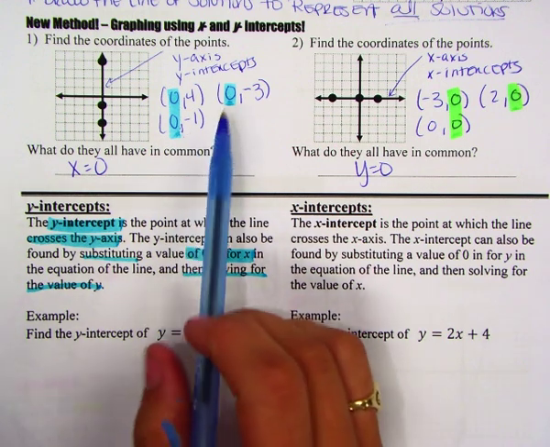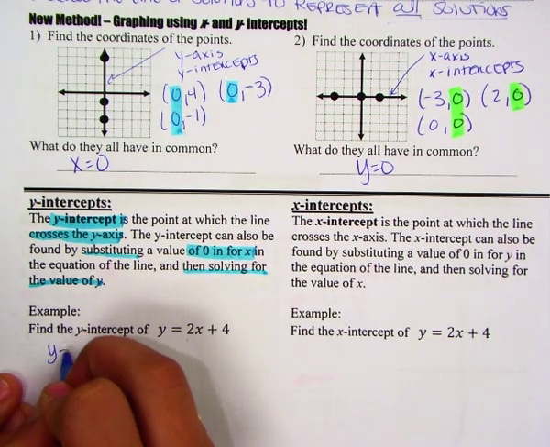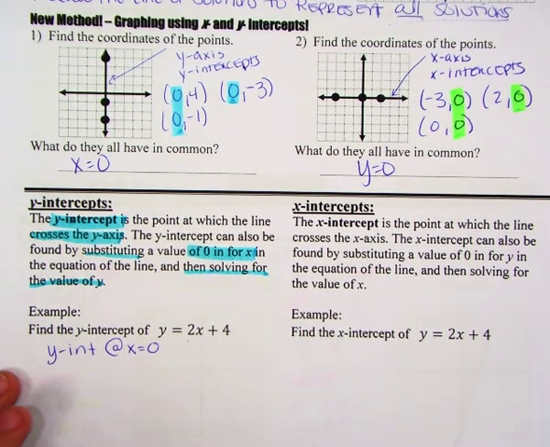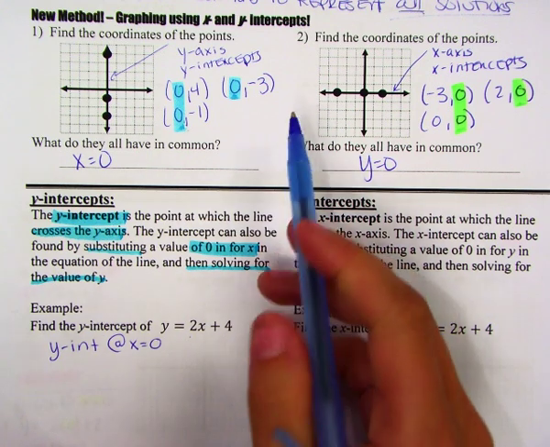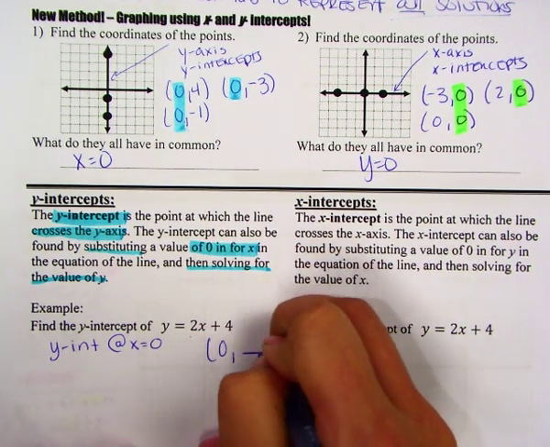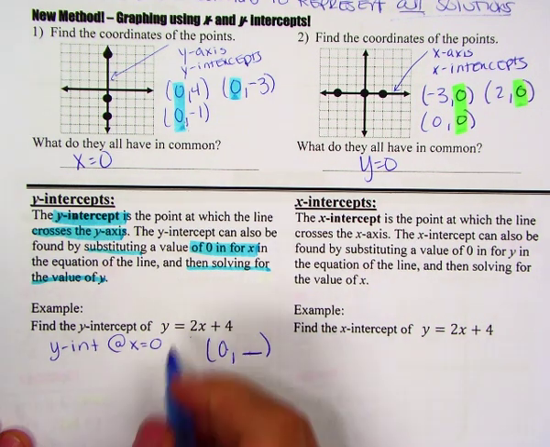So if I know that y-intercepts always happen when x equals 0, I know that the y-intercept will be at x equals 0. Because every single y-intercept that I've seen is in the form 0, comma, something. So that means if I substitute x equals 0, I should get the y-intercept.